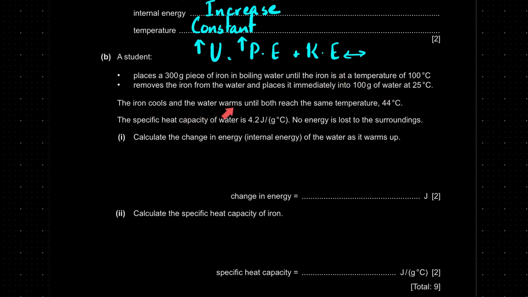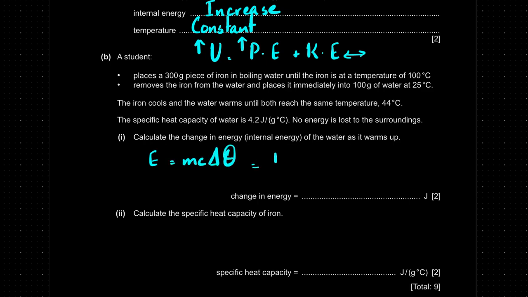But also because of the transfers of energy, the thermal energy lost by the iron would be equal to the thermal energy gained by the water. This is the idea here. First part says calculate the change in internal energy of the water as it warms up. So 100 grams of water as it warms up, so it would gain internal energy.